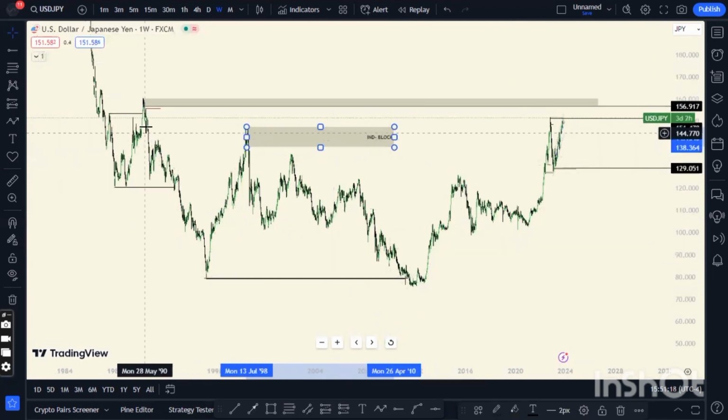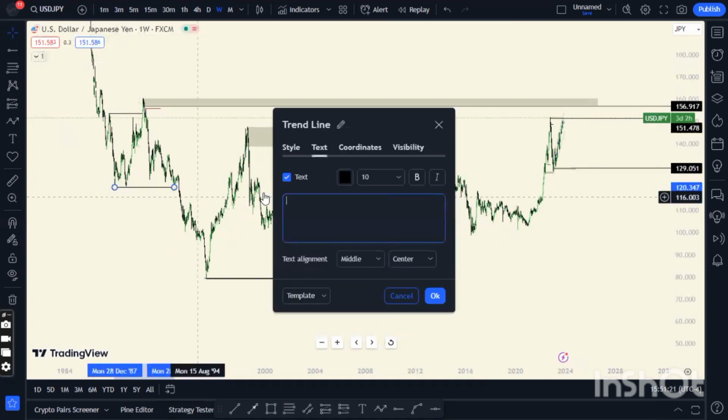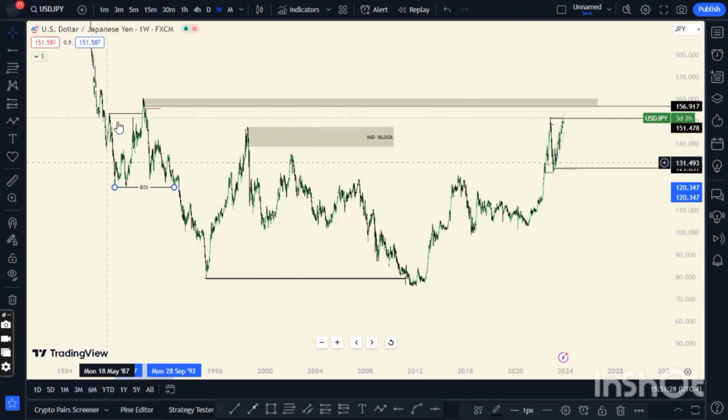If you watch very well, you realize that we have a break of structure here. Price came here and swept this high as liquidity, one of the attributes of it being valid. It came down and broke, then retraced back up, created an inducement block, and started selling down.